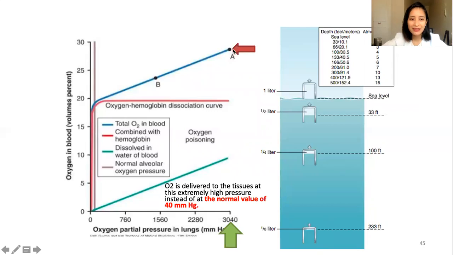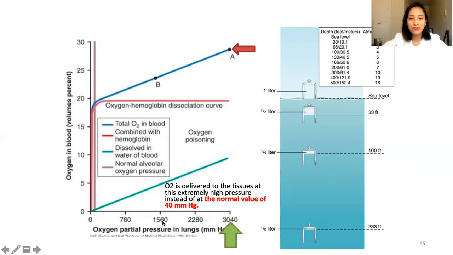So at point A, the oxygen in the blood would be about 29 volumes percent, and the amount of dissolved oxygen in the water is about 9%. As you go down, the volumes percent of the oxygen in the blood is reduced, but the oxygen is delivered to the tissues at extremely high pressure.